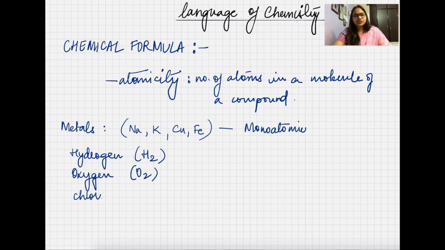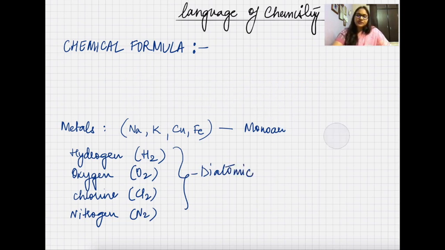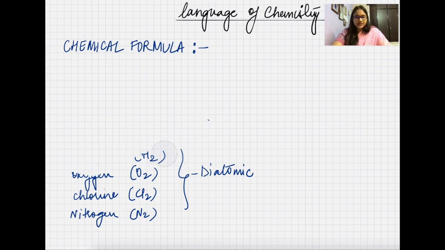So hydrogen, oxygen, chlorine and nitrogen are diatomic in nature. So atomicity is basically the number of atoms of a particular element that are present in a compound.